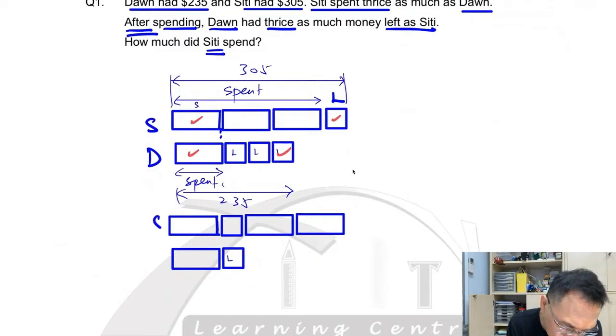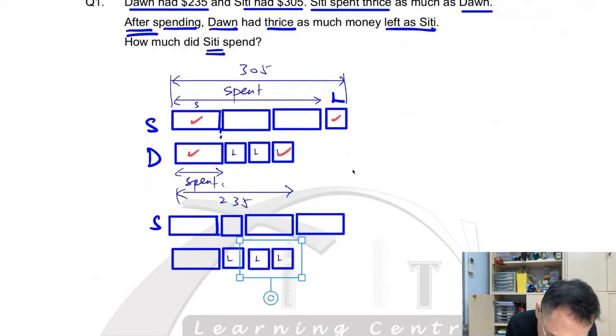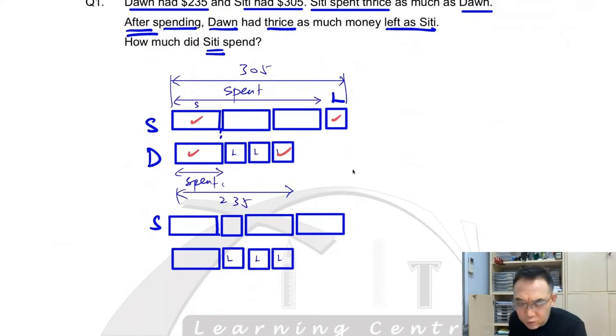I'm also going to rearrange Don, as in, I'm going to take these 2 pieces, and I'm going to duplicate it, and I'm going to put it here. But if I do it this way, it is still not very useful unless I shift this over here.